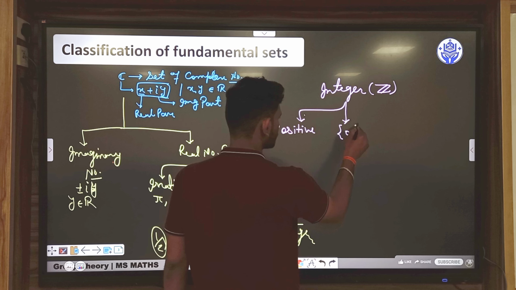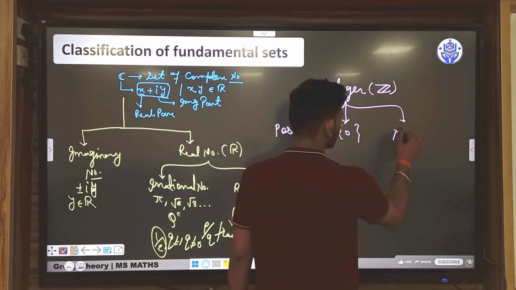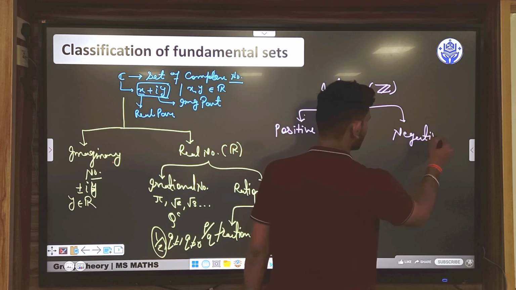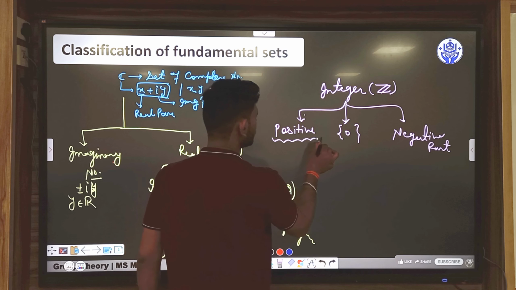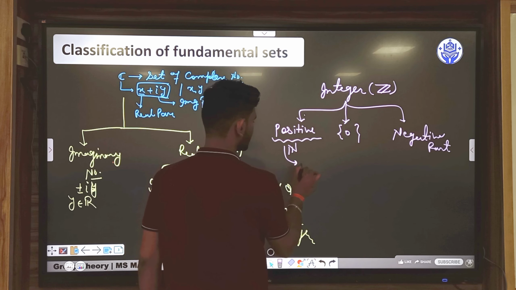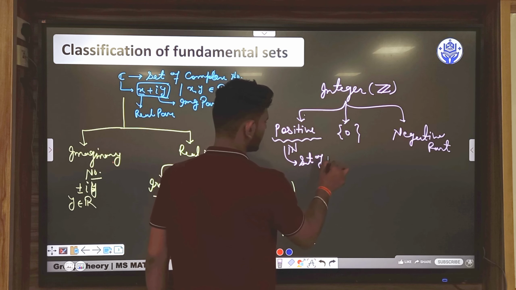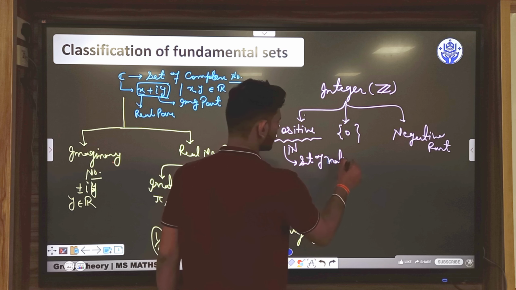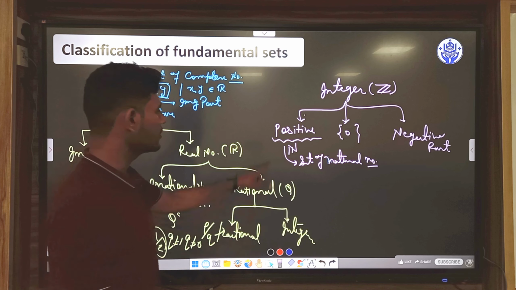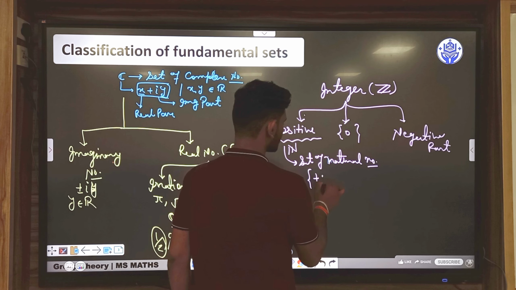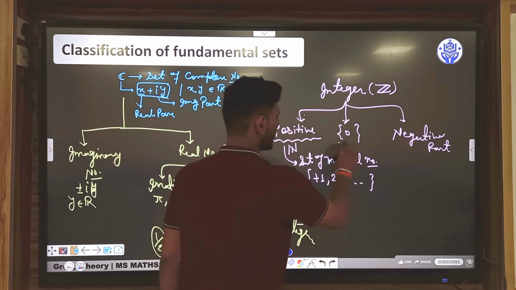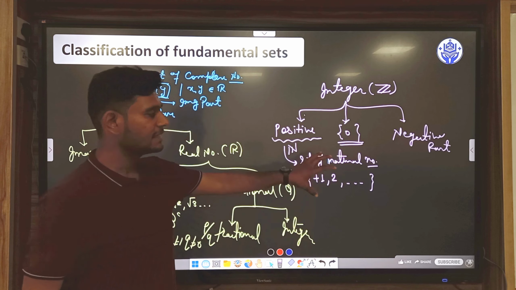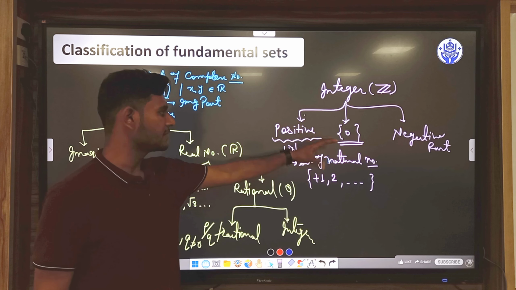We can consider the positive part as the natural numbers, the set of natural numbers. It starts from plus 1, 2 and goes up to infinity. This is the positive part, and this is my 0, which is a singleton set.